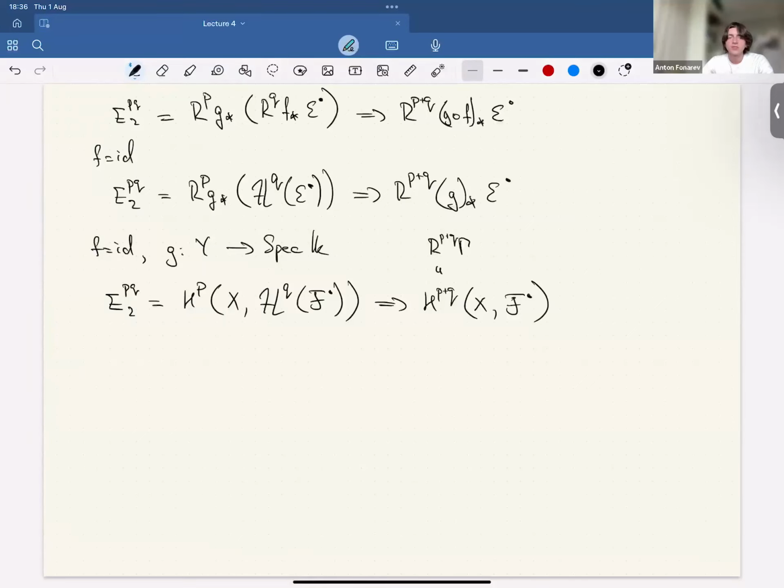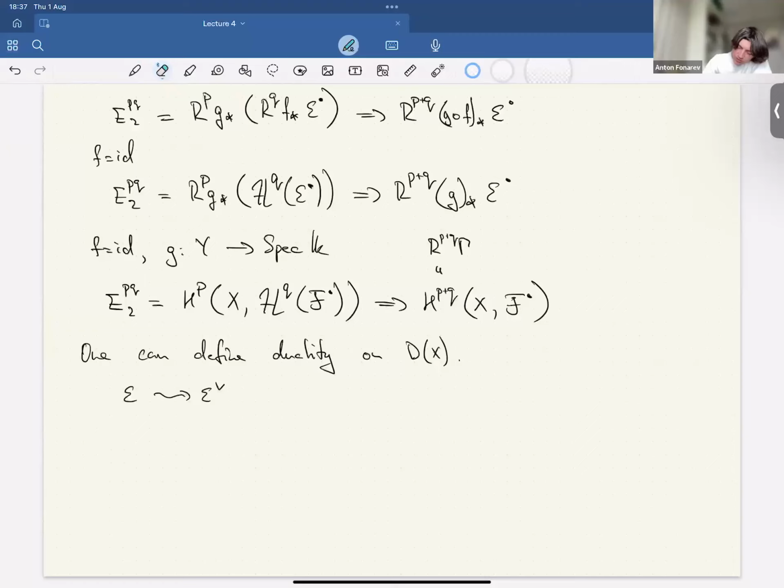So this is one bunch of formulas that is very, very nice. Well, we have some other formulas, but let me also note that one can define duality on D of X. So before we could associate to a vector bundle its dual, but now we can associate to a complex its dual.